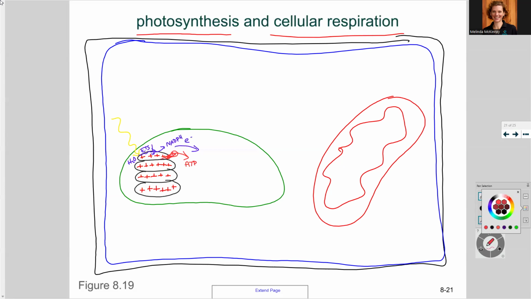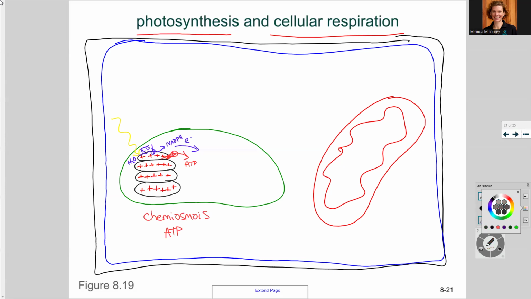So this process of chemiosmosis and the generation of ATP is important, and it's going to be similar to cellular respiration. In cellular respiration, and let me just finish this up really quick so I'm completing it.